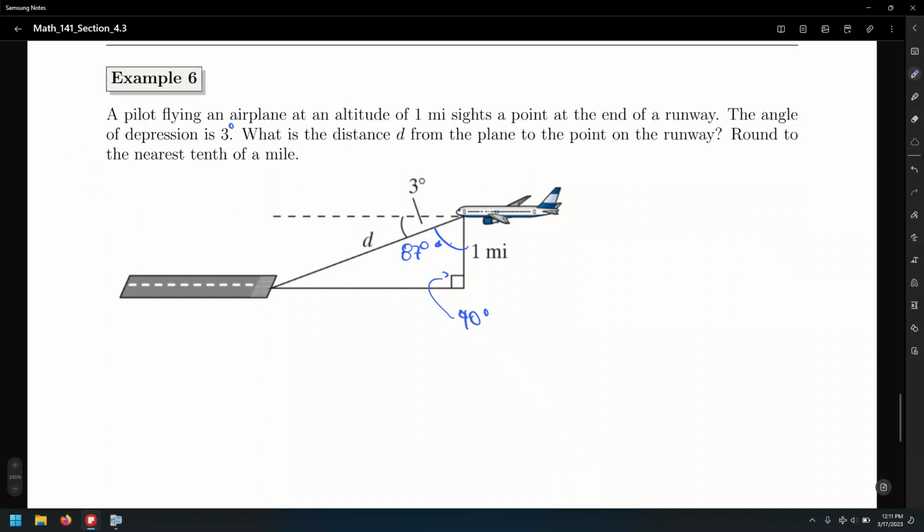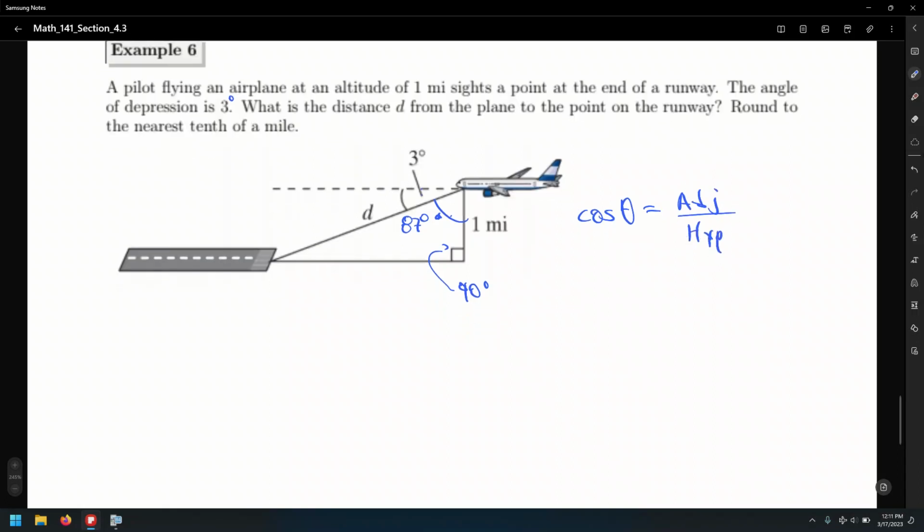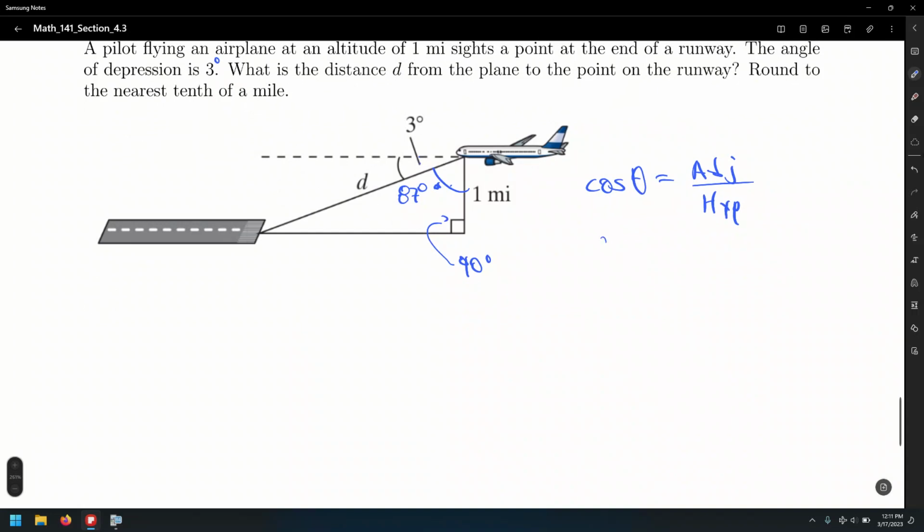Cosine. So cosine theta equals adjacent over hypotenuse. The adjacent is 1 mile, and the hypotenuse is d. So cosine of 87 degrees equals 1 over d.